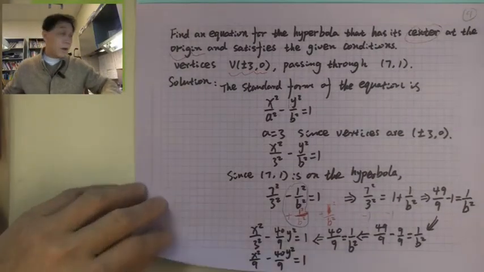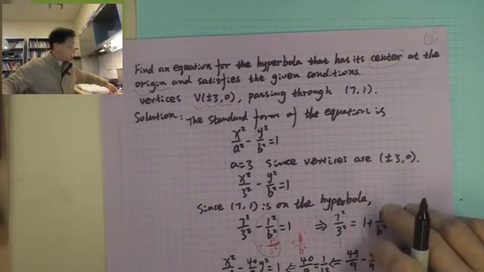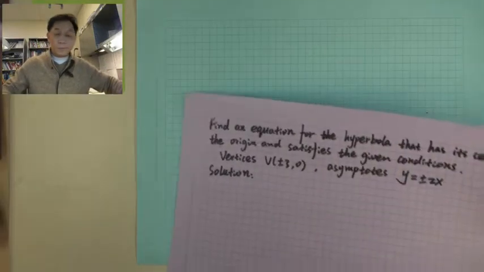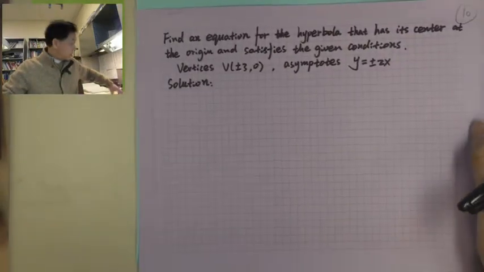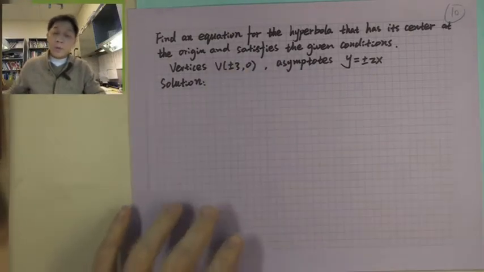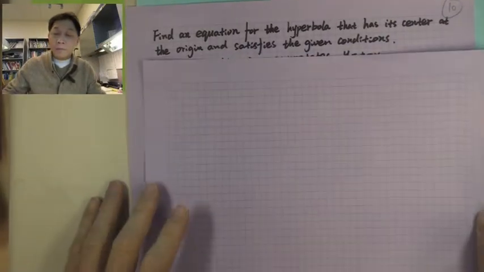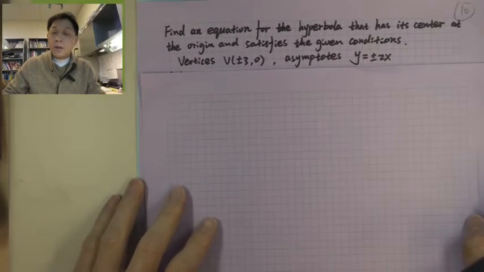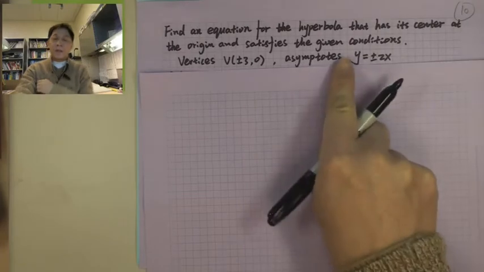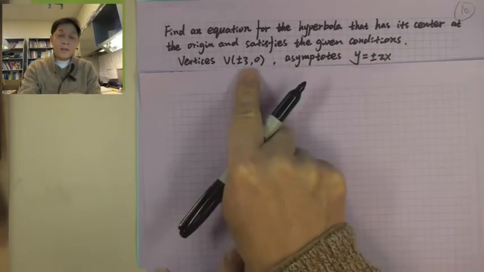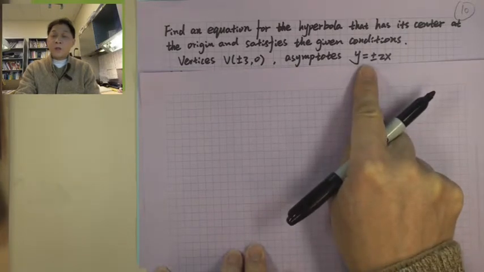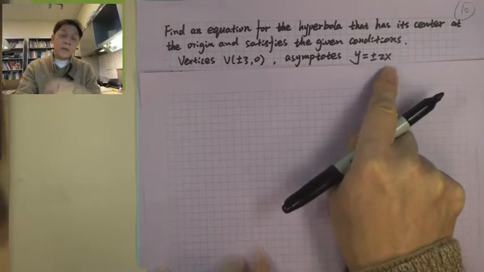Now let's look at the third example in this lecture. Let's again find the equation of the hyperbola that has its center at the origin and satisfies the given conditions. The vertices are (±3, 0), and the asymptotes are y equals plus or minus 2x.